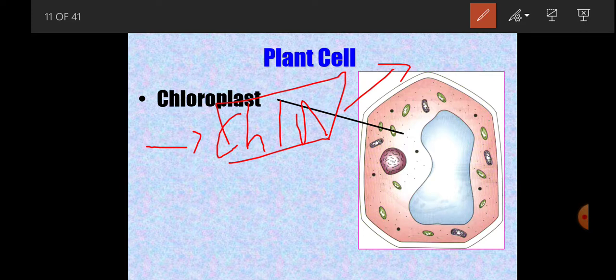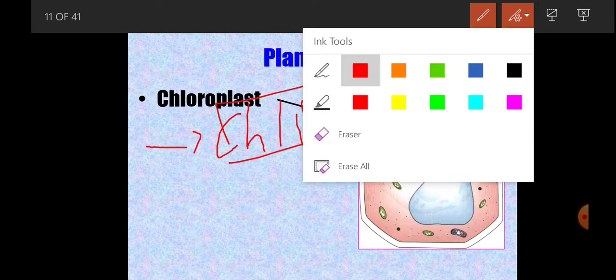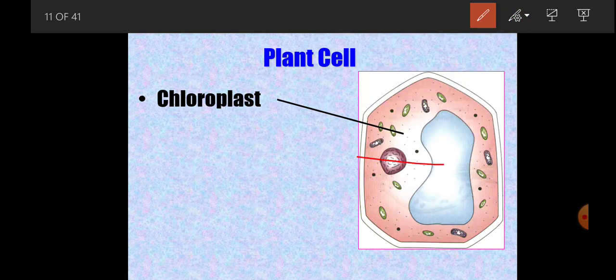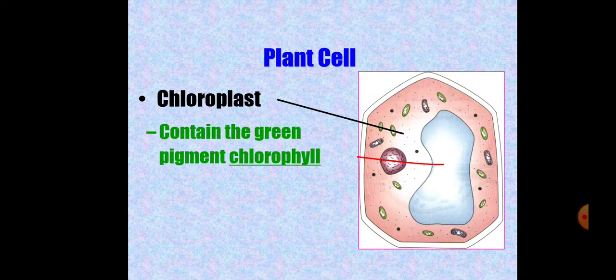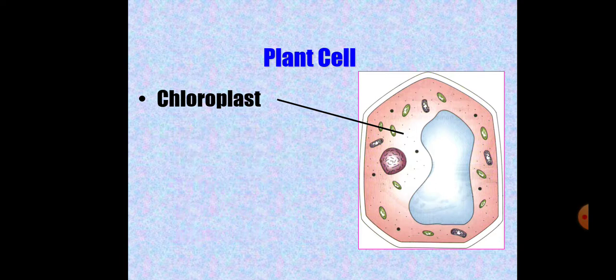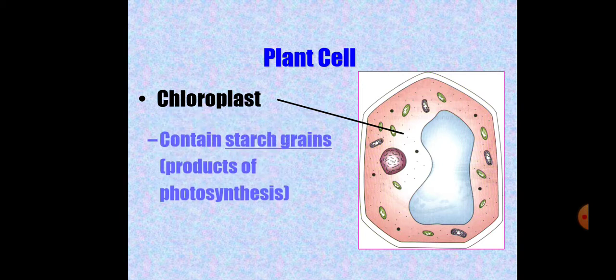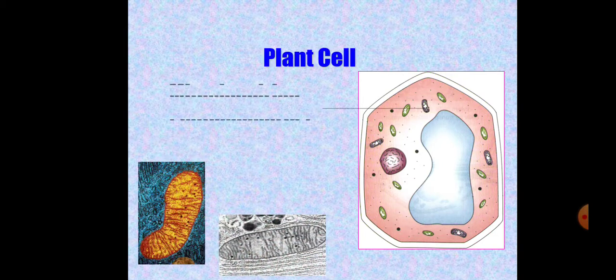This is where the plant cell manufactures its own food. The pigment gives the plant its color, and this pigment is green and is responsible for trapping light energy and converting that energy to chemical energy that they later use to carry out photosynthesis.